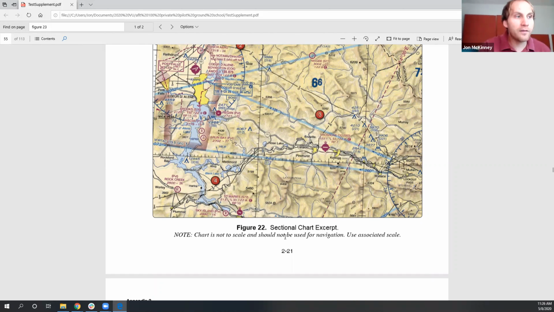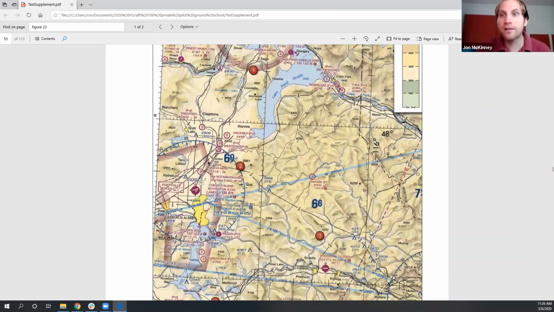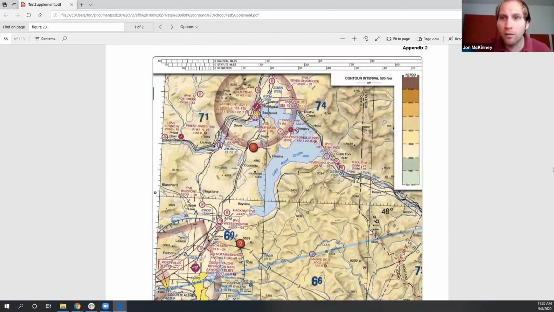So all of a sudden, you have to use the associated scale. If you try to use your plotter to measure the distance, it's not to the correct scale and it won't work. You would never do this in the real world, but for the sake of the test, you have to use the scale up top here where my mouse is.